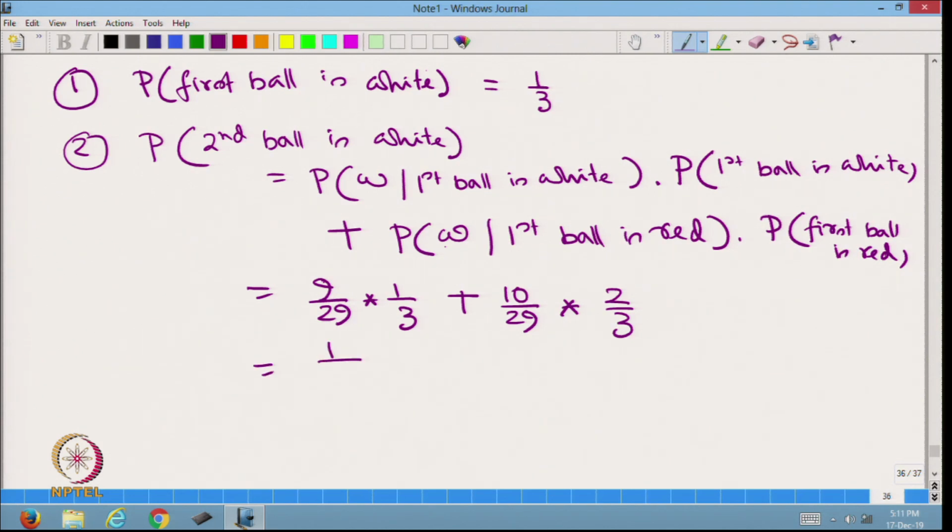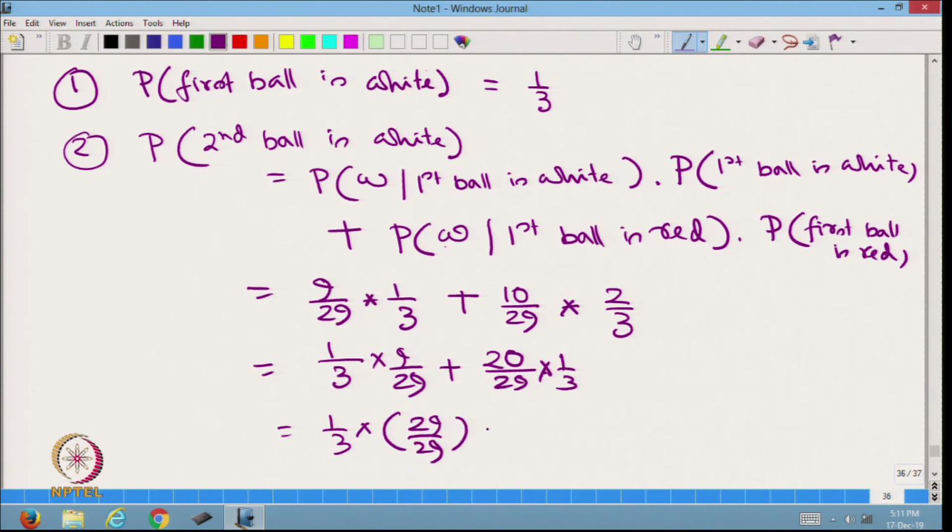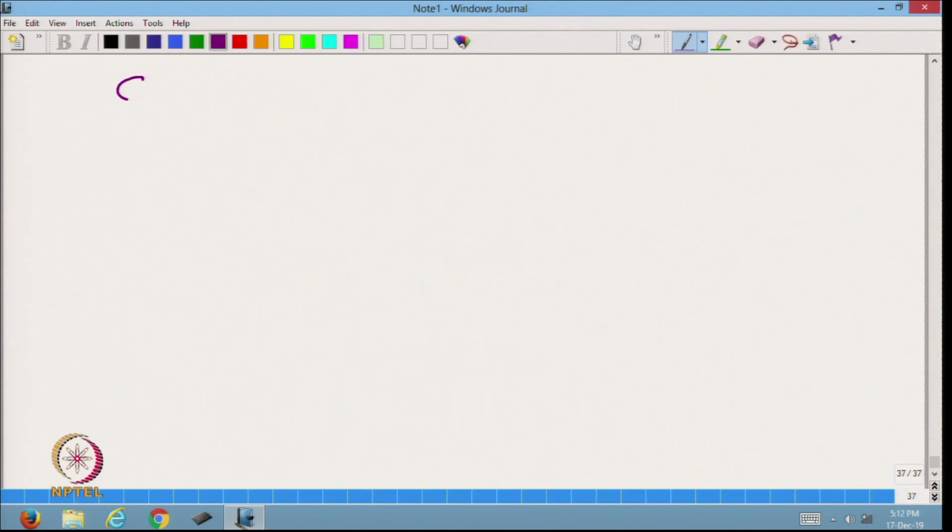That is 1 by 3 into 9 by 29 plus 20 upon 29 into 1 by 3, which is 1 by 3 into 29 upon 29, equal to 1 by 3. This is same as the probability that the first ball drawn is white. Check that.